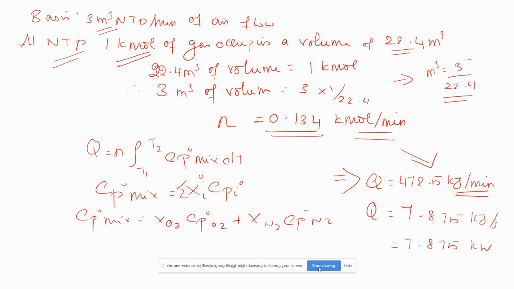So X CH4 remains the same, 0.84 into this value, that is 41.7800, plus 0.13 into the mix 2 C2H6 value, that is 67.5954, plus 0.03 into the N2 value, that is 29.3578.